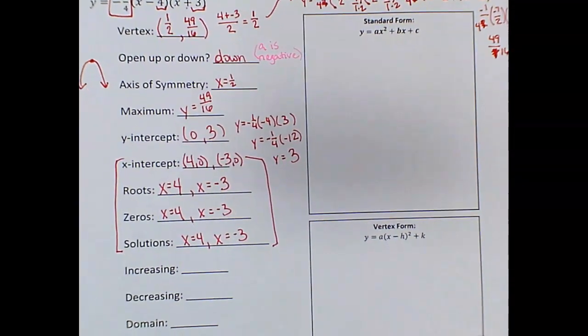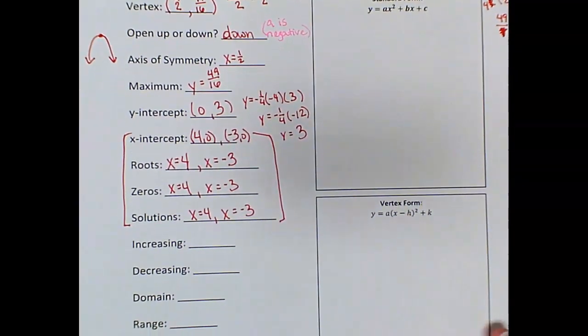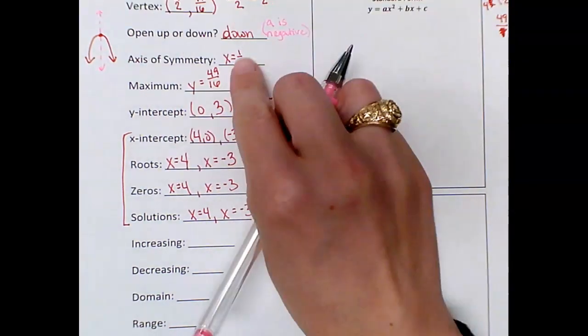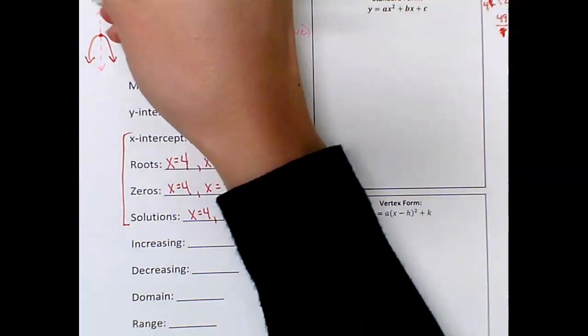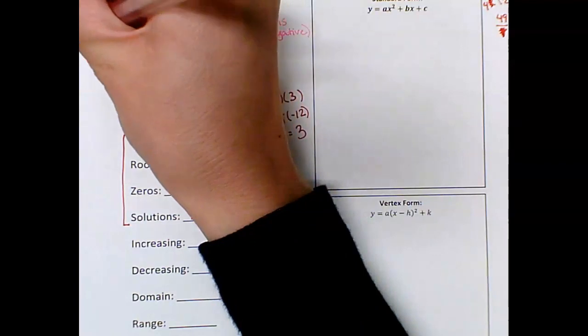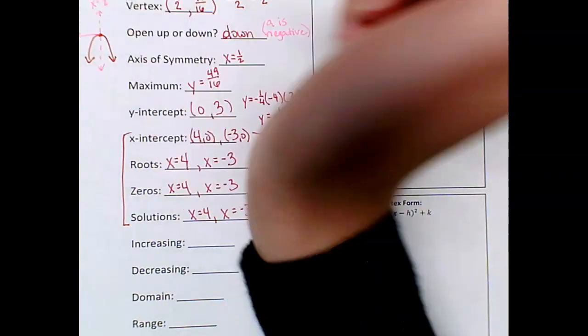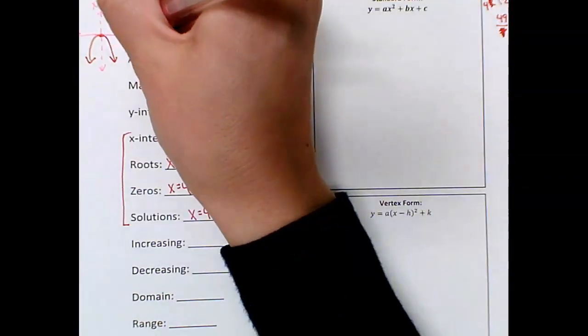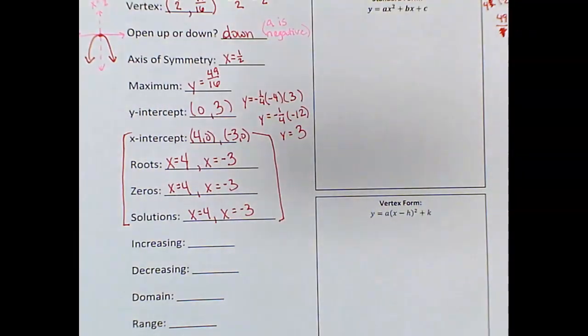Let's talk about the increasing and decreasing intervals and the domain and the range. So I'm going to look at my sketch. Remember that your axis of symmetry right through the middle was at x equals 1/2. So everything to the left of 1/2 or less than 1/2 is going to be doing something, and everything to the right of 1/2 is going to be doing something else.